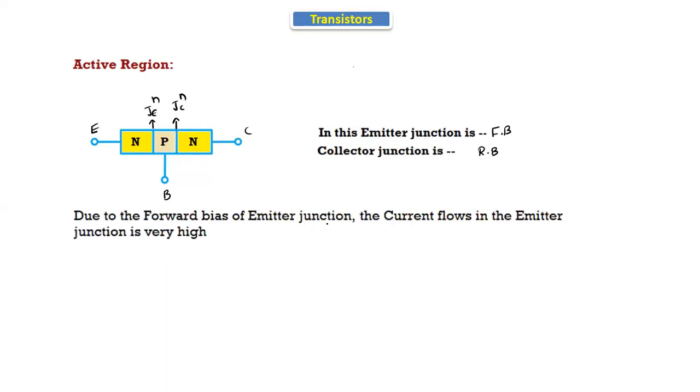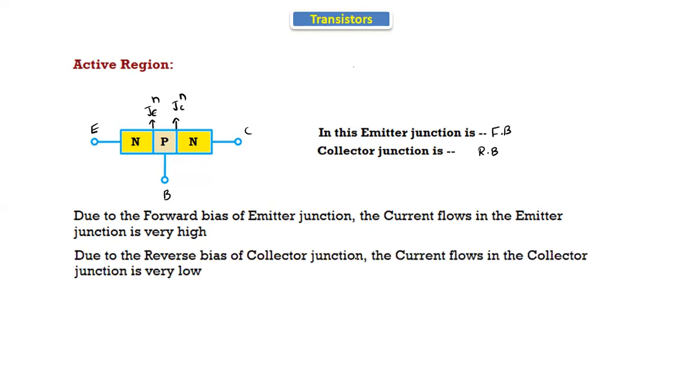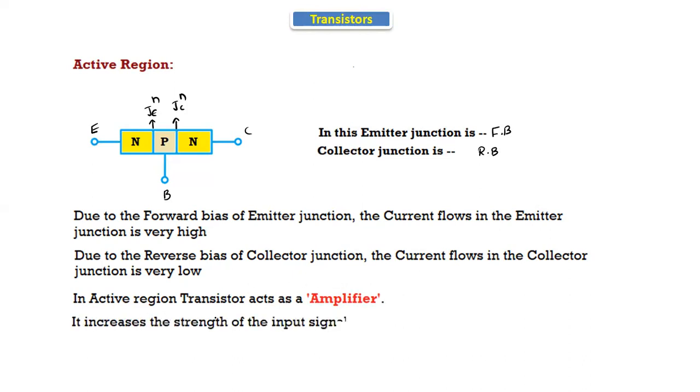Due to the forward bias of the emitter junction, the current flowing in the emitter junction is very high. Due to the reverse bias of the collector junction, the current flowing in the collector junction is very low. So from this we can say that in the active region, the transistor acts as an amplifier. What is an amplifier? It increases the signal strength of the input signal. Increasing the signal strength is called amplification.